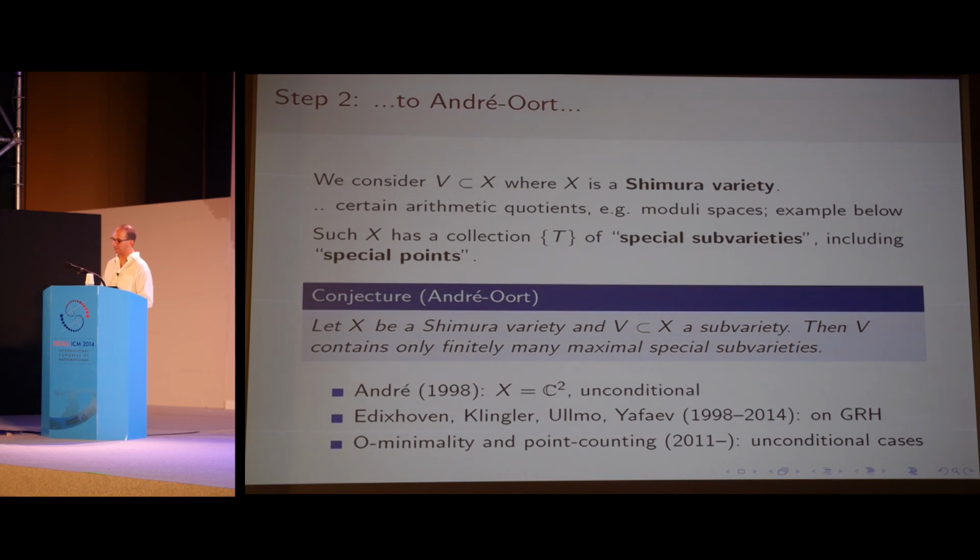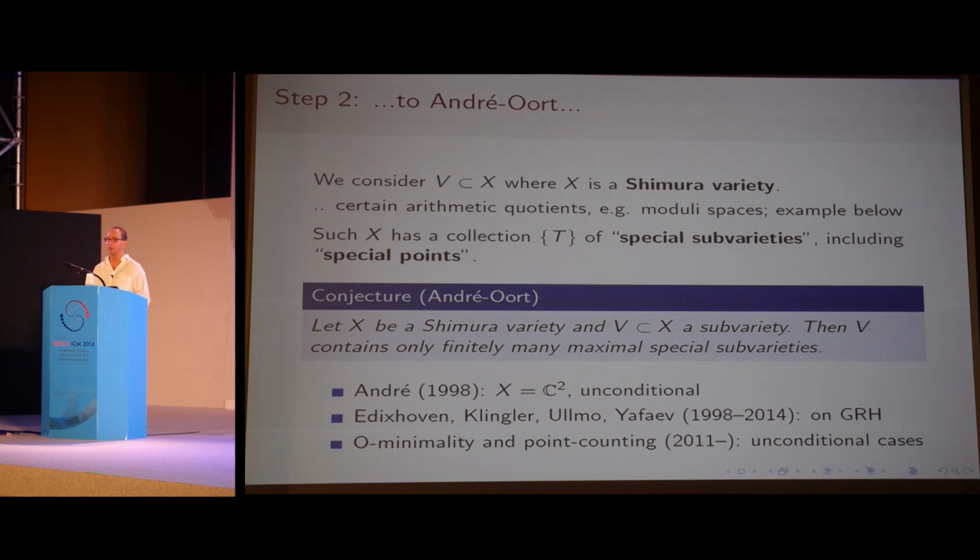The second innovation, due to Andre and Oort, is to consider a wider class of ambient algebraic varieties, namely Shimura varieties, which are central objects in arithmetic geometry. I want to describe the formal structure of the conjecture before giving some detail on one example. A Shimura variety X comes equipped with a collection of special subvarieties which come naturally from its underlying structure, just as multiplicative subgroups are naturally associated with multiplicative groups.